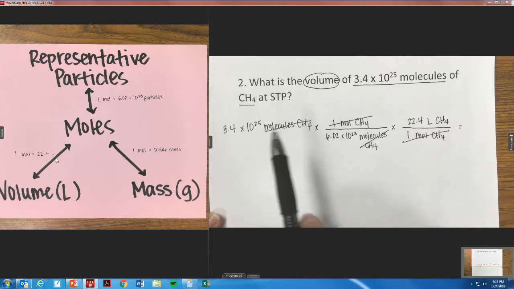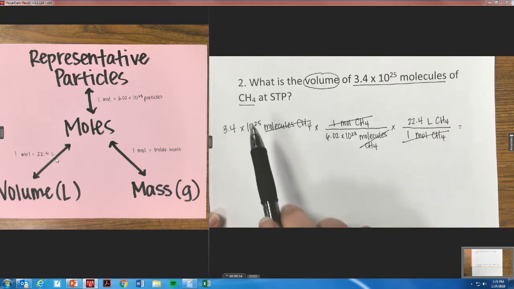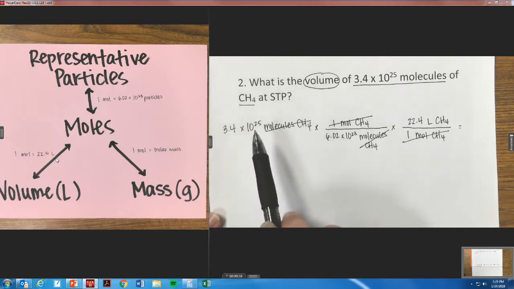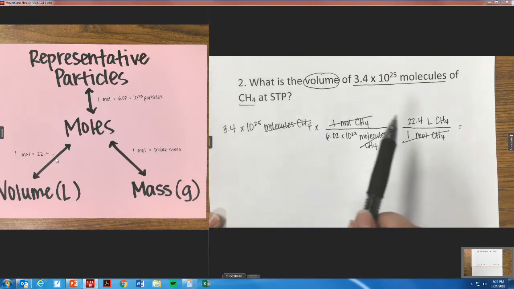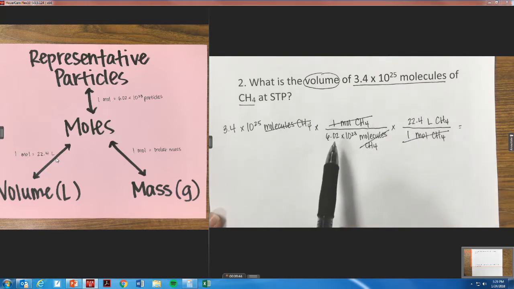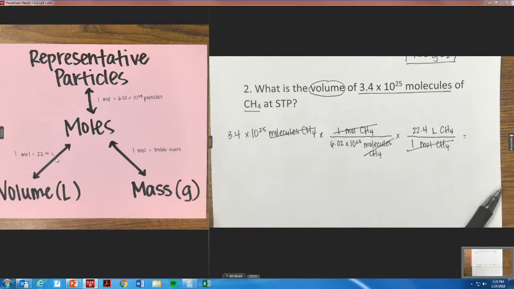You don't have to go in order. I know some of you like to multiply first, so you would multiply 3.4 times 10 to the 25th times 22.4, and then later on divide by 6.02. It doesn't really matter what order, because it's just multiplication and division.